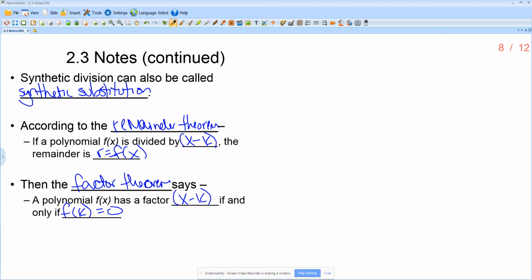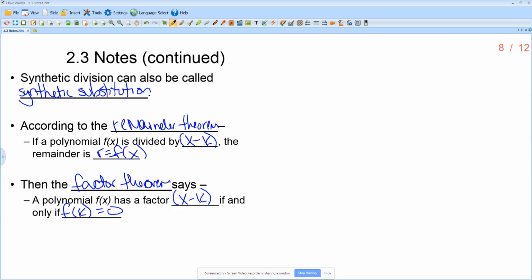So, factor theorem: some polynomial f of x has a factor x minus k if f of k is equal to 0. So, substituting that k value into the function, if I get 0, then x minus k is a factor.